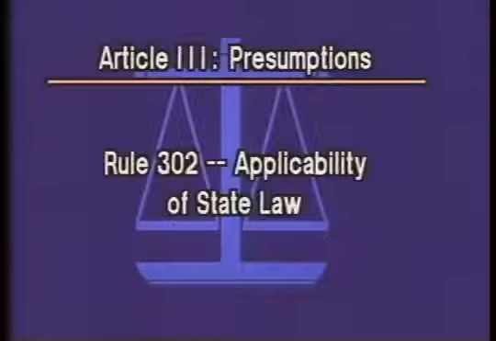Rule 302 merely says, follow state law on the effect of presumptions if you are Erie v. Tompkins bound. If you are applying the law of the state under the principle of Erie in the case that you have, then Rule 302 says you apply the law of the state also in determining the weight of presumptions.